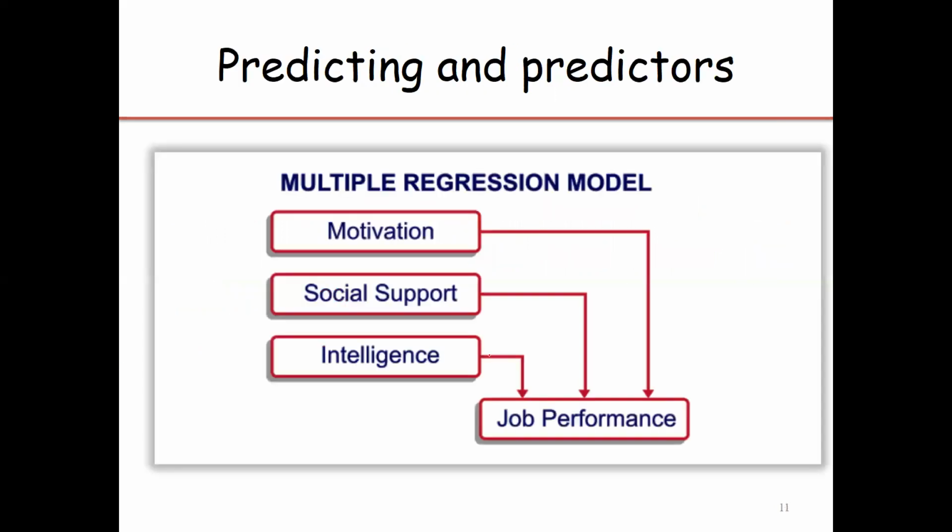It means job performance basically depends upon the motivation of the employee, the social support, and the intelligence of the employee. If the employee is intelligent, then there is a high possibility his performance will be good. These are the three predictors, and this is the response or dependent variable, and these are the independent variables, IVs.